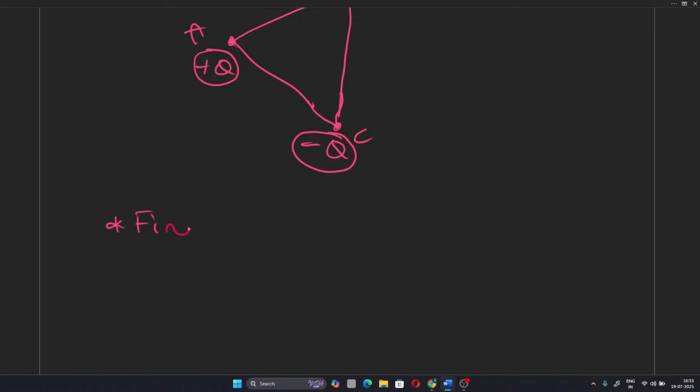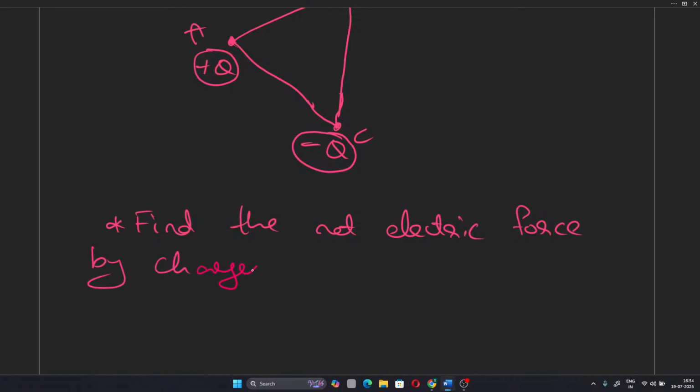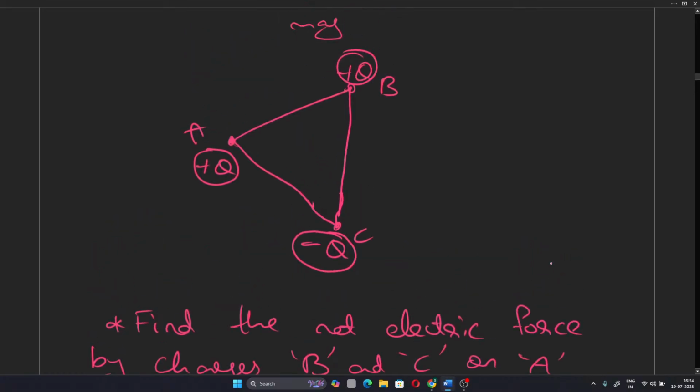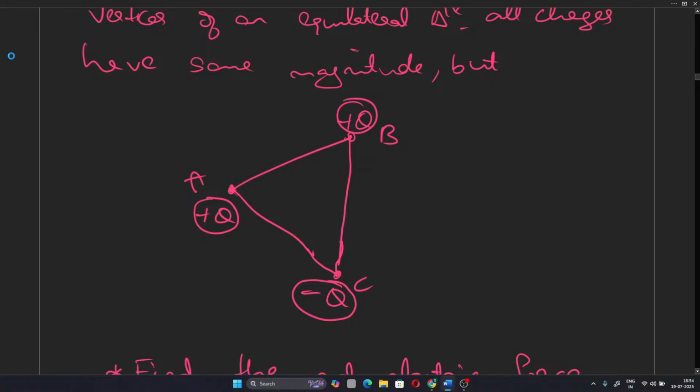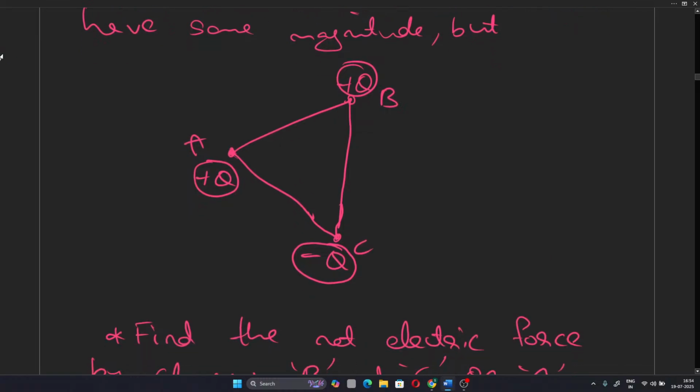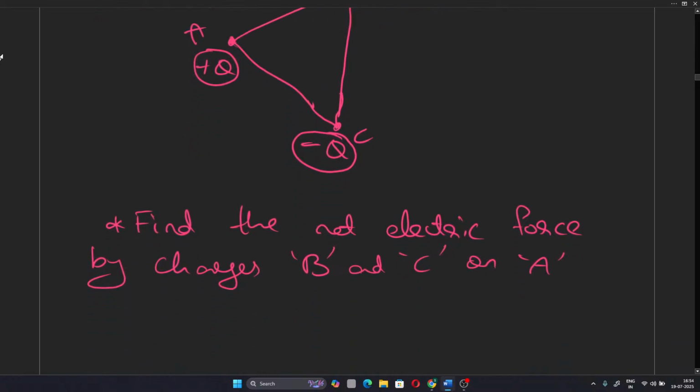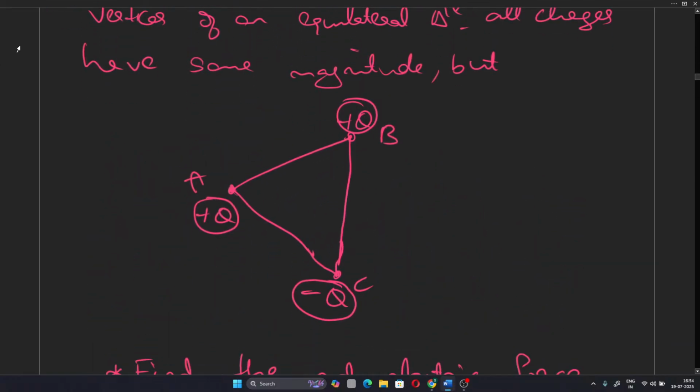Find the net electric force by charges B and C on A. And the options are, basically they gave the axes as well.